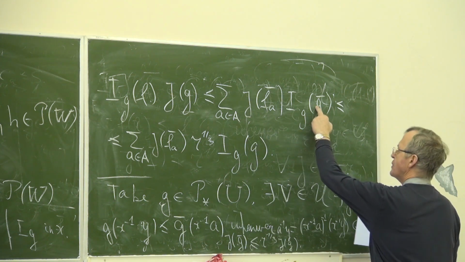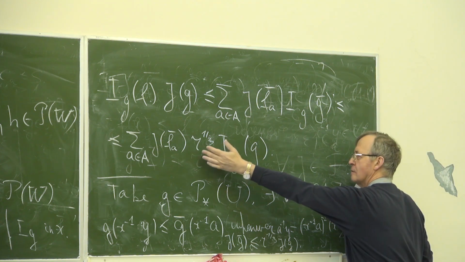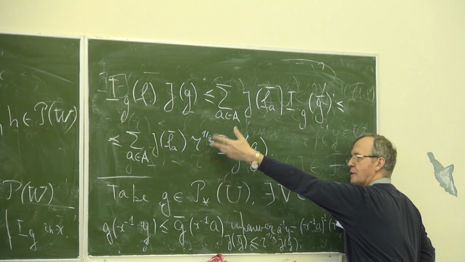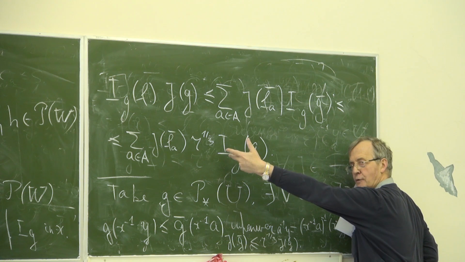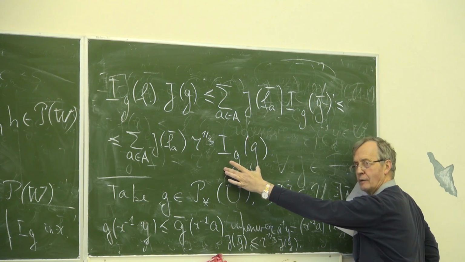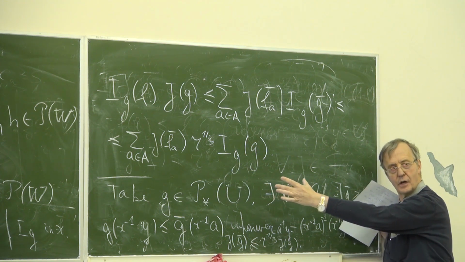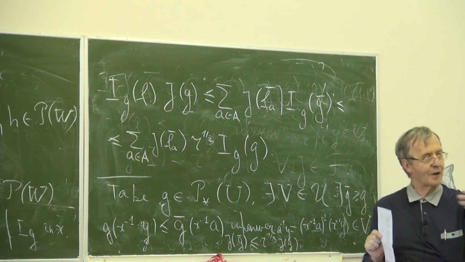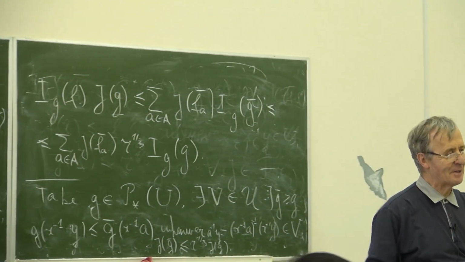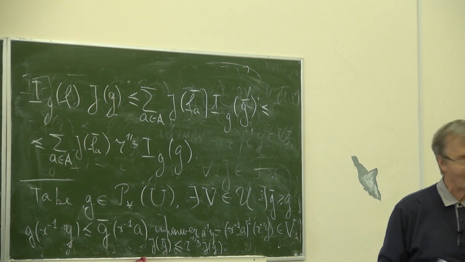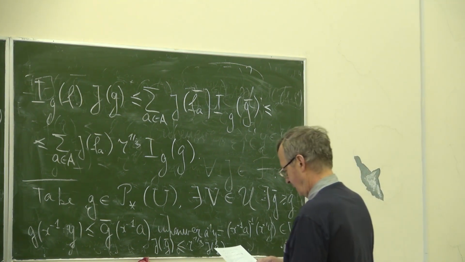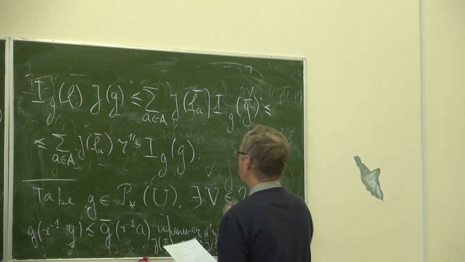Here, if we replace g bar by g, then we may save the situation by putting the constant of r to the power 1/3. And this is 1. Gj of j is 1 because j covers itself without any shifts and so on. This is 1.